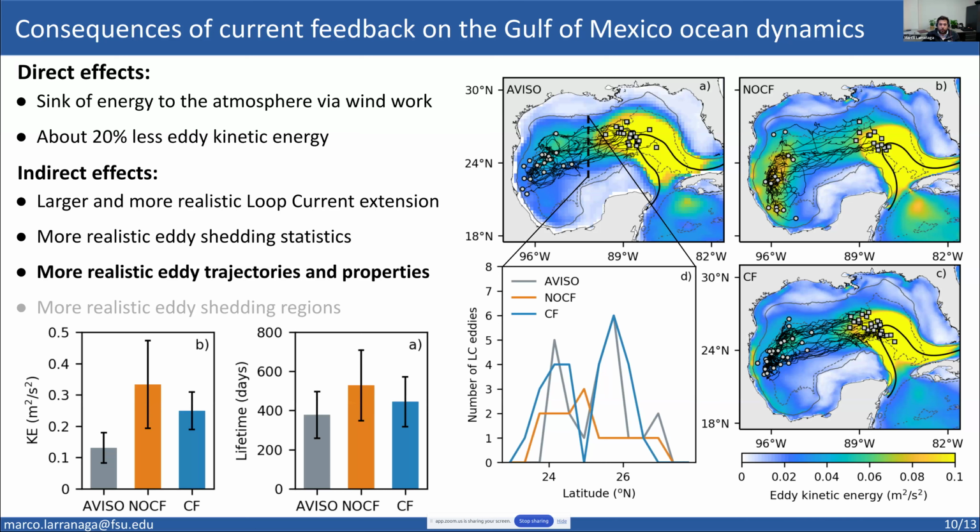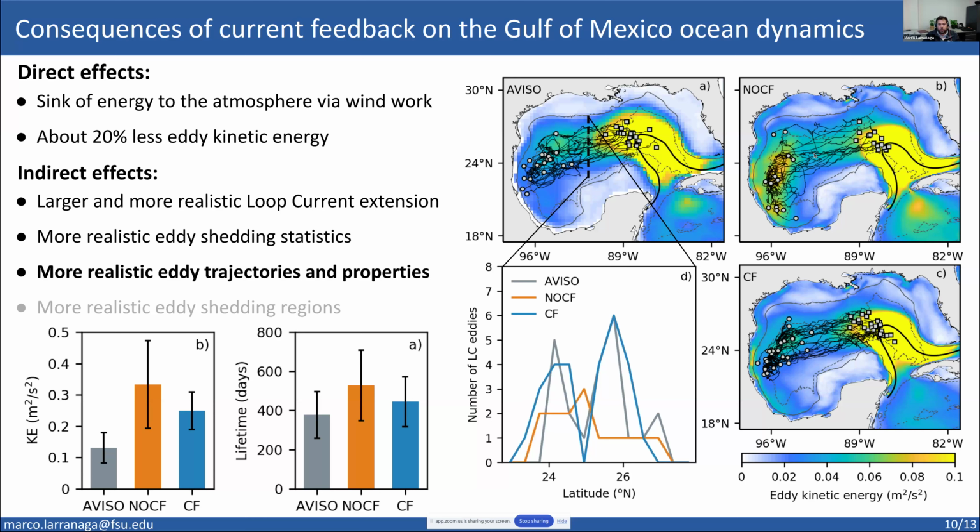This could have important consequences for the Gulf of Mexico dynamics, since those eddies are the ones that carry the hot water from the Caribbean into the Gulf of Mexico, and they are supposed to spread the water as they travel to the west. But if they take a lot of time to die, they are going to spread more water here than here.